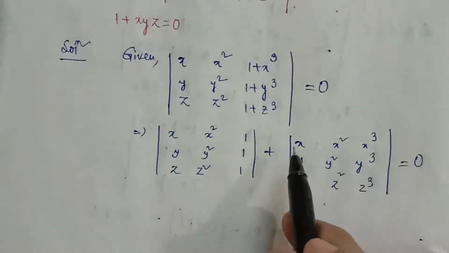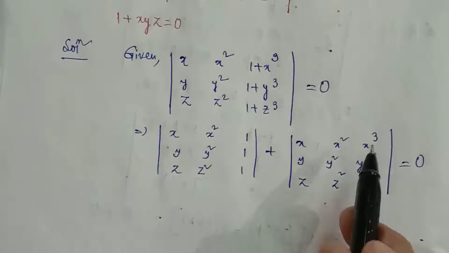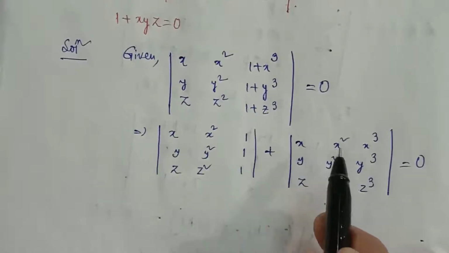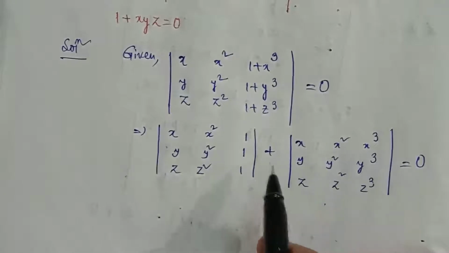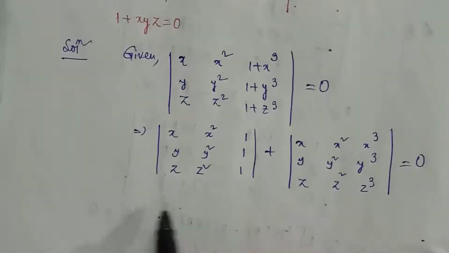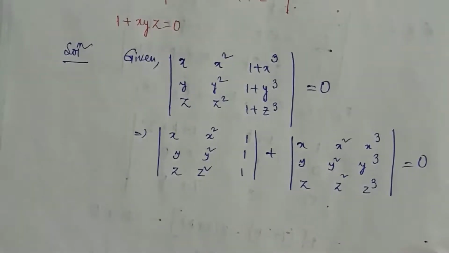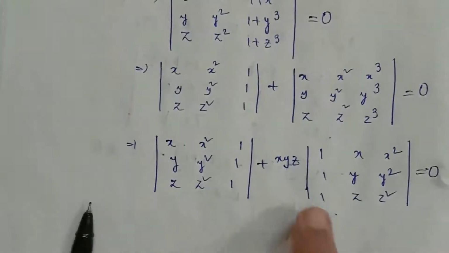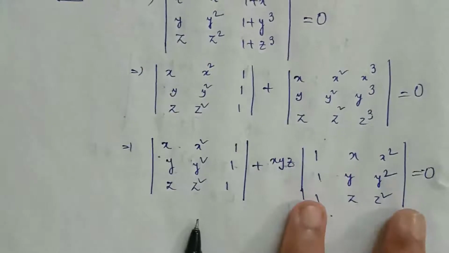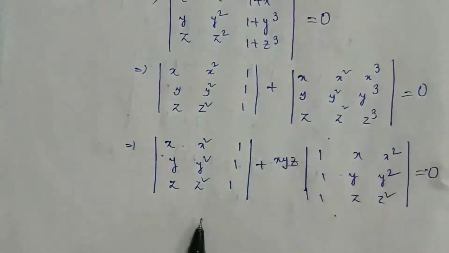You can see in the first row x is a common factor, we can take x common. Similarly, from second row we can take y common, and from third row we can take z common. So taking xyz common, we will get the second determinant equal to xyz into something.